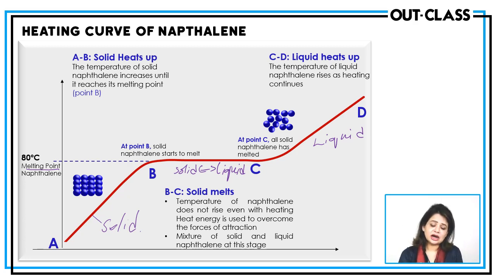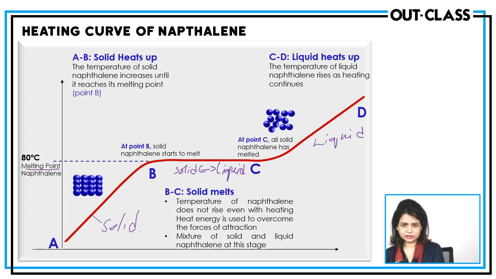So if such a graph is given and they ask you what is the melting point of the substance, whatever is the temperature corresponding to the horizontal line where the gradient is 0 represents the melting point. Solid to liquid, it's the melting point. अगर ये liquid to gas का heating curve होगा तो वो boiling point होगा. So you should know.